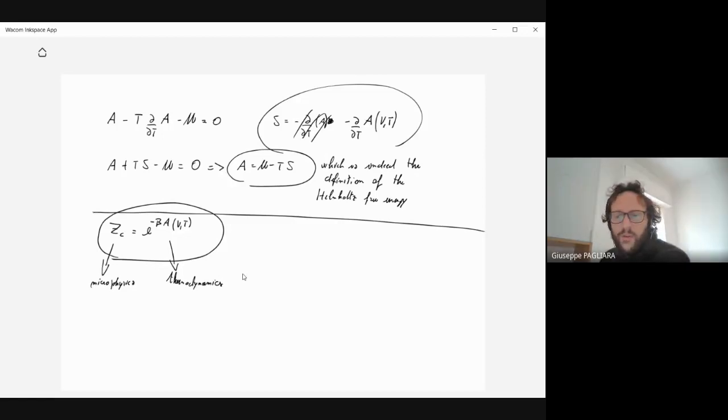Because the partition function is computed by integrating the exponential of e to the minus beta H, which depends just on microscopic variables. Whereas on the right-hand side, we have the Helmholtz free energy, from which one can derive all the thermodynamical relations, okay? Now, a similar link between microphysics and macroscopic physics was provided in the microcanonical ensemble.